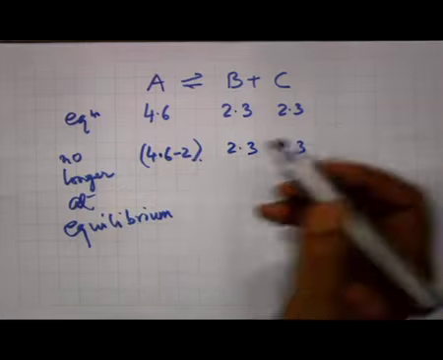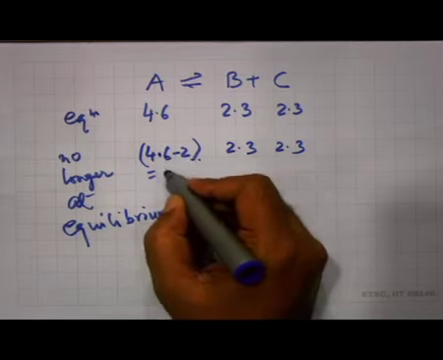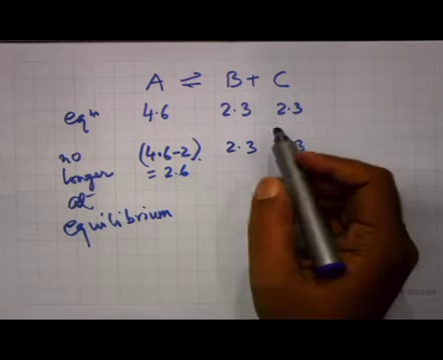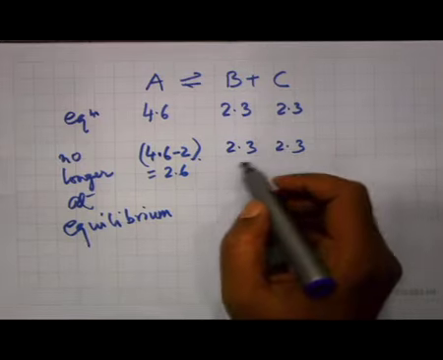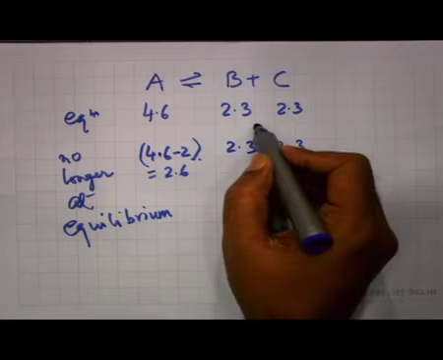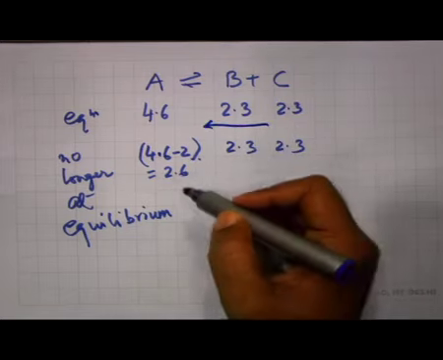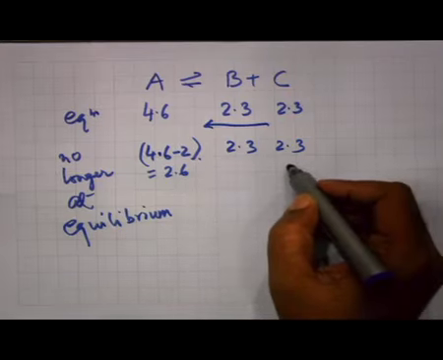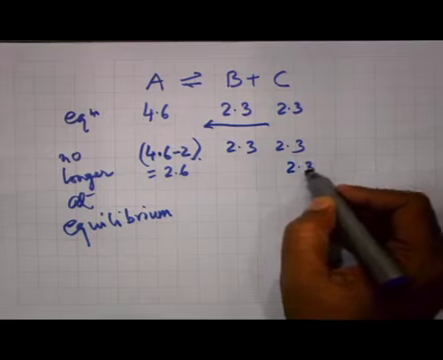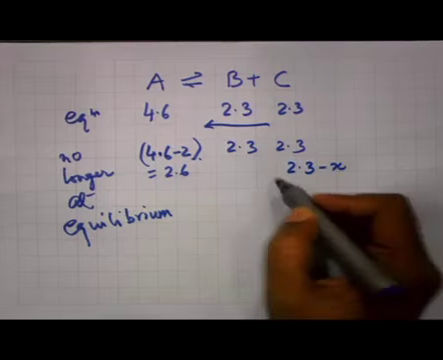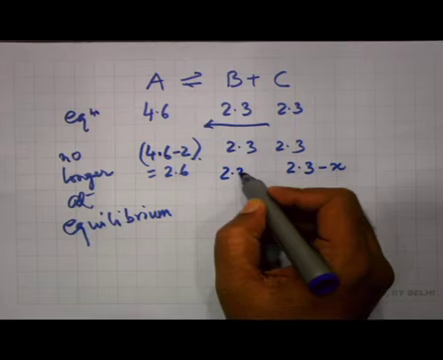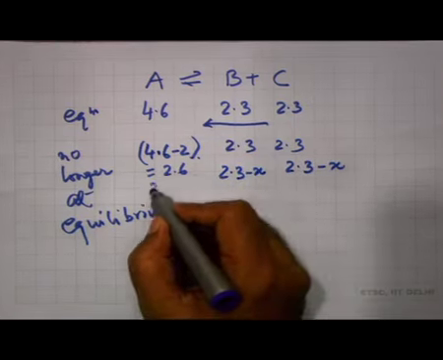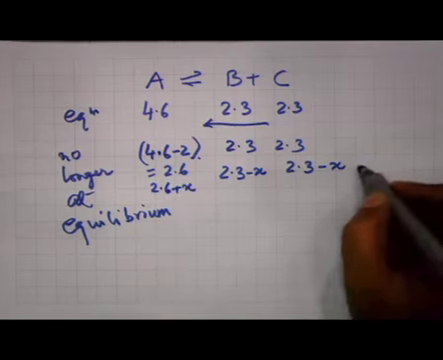So, at equilibrium what can happen? This is your 2.6. Suppose the reaction goes from this to this side. In that case, you can simply write 2.3 minus x: suppose x mole of C reacts with x mole of B and x mole of A is formed. This is at the new equilibrium.